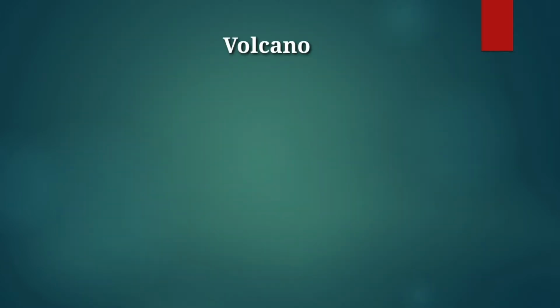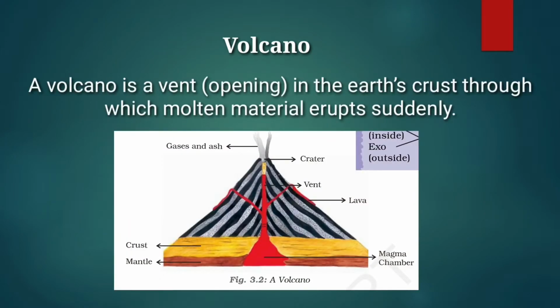Now let's understand volcano. Volcano is a vent. Vent means opening. Volcano is a vent in the earth crust through which molten material erupts suddenly. As you can see in figure 3.2 of your textbook, you can see the crater.